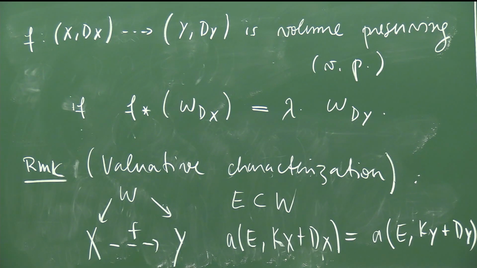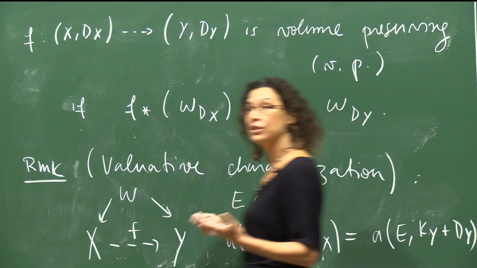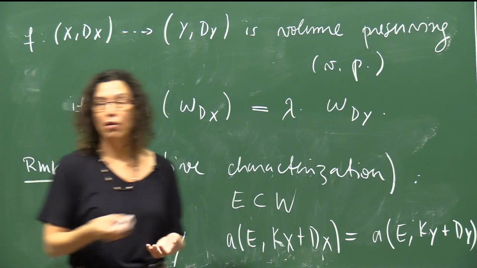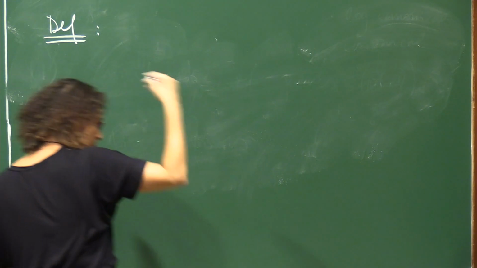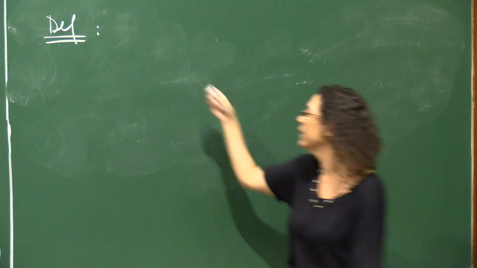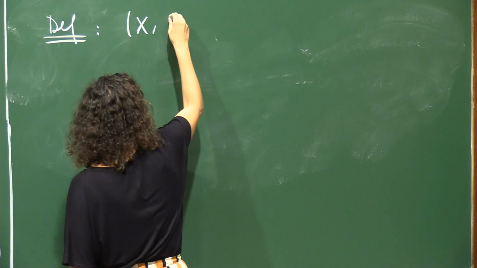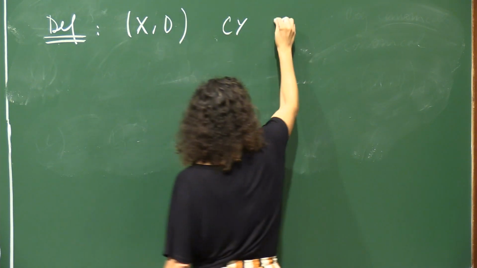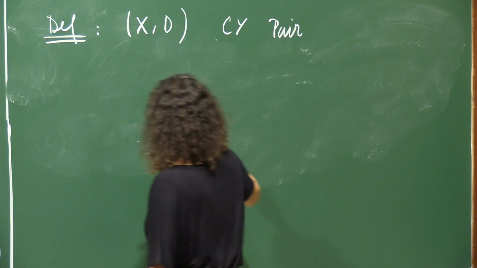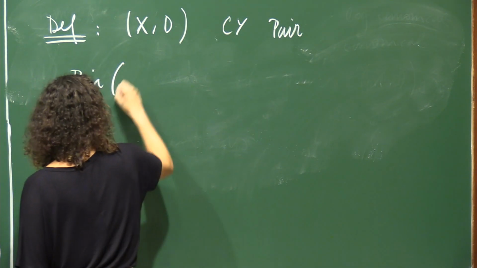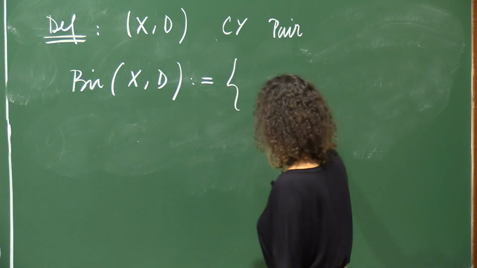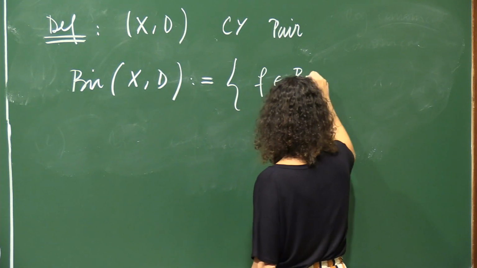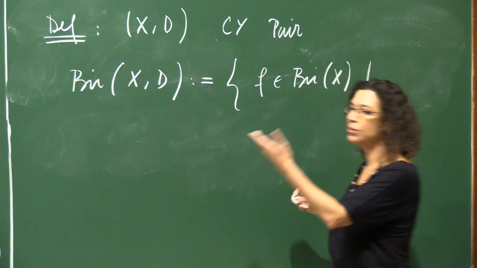And then once we have this notion, in particular, we can define the group of volume-preserving self-maps for a given Calabi-Yau pair. So let me give a notation for this. We define the birational group of a Calabi-Yau pair. So (X, D) is a Calabi-Yau pair. Then I define the birational group of the pair to be the group of birational self-maps of X which are volume preserving for this pair.